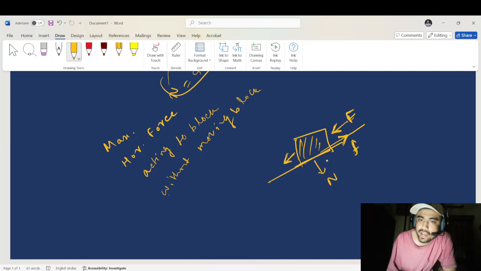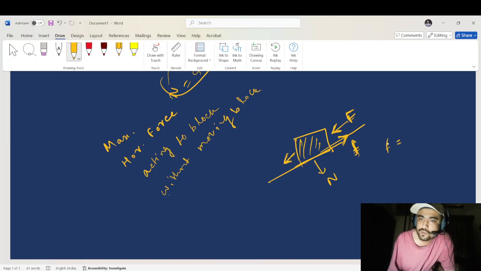Now the maximum force that can be applied without moving is basically equal to small f. This is quite obvious, right? If F surpasses the value of small f, then the block will move, because it will be greater than the force acting opposite to this direction.